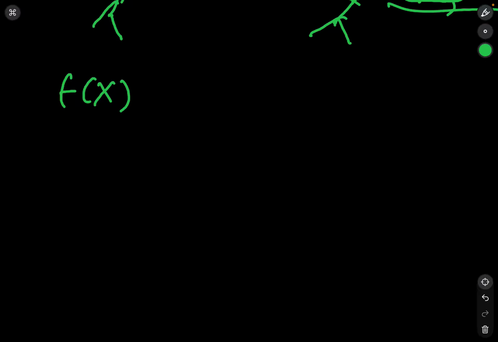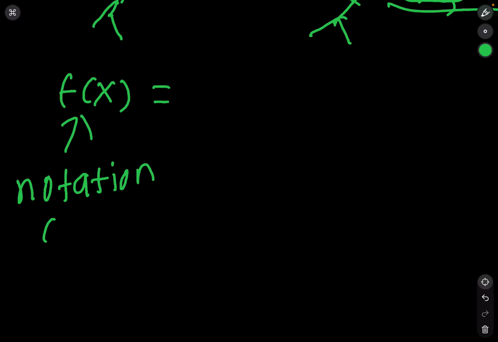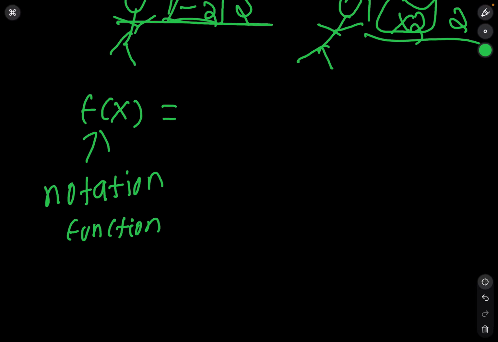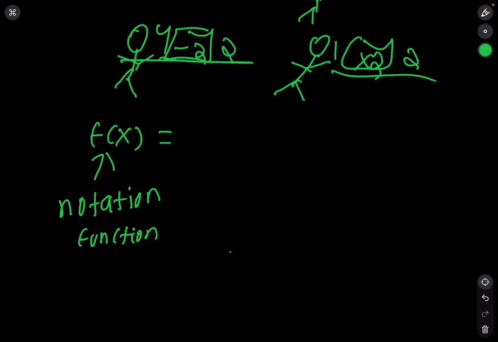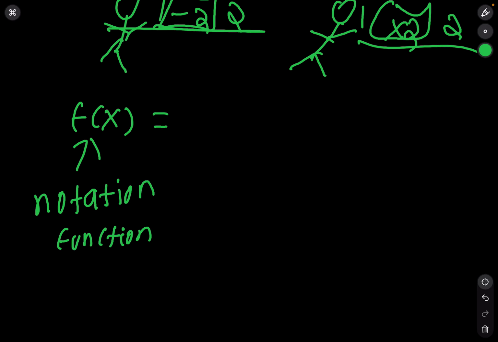For me, when I was entering high school and doing algebra 2 again, because I didn't have good algebra 1 prep, I didn't even know what f of x meant. To put it lightly, f of x is just notation. It's just a way of saying that this is a function.